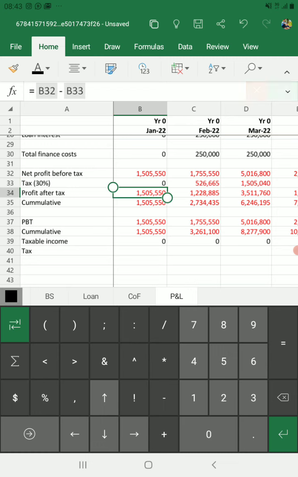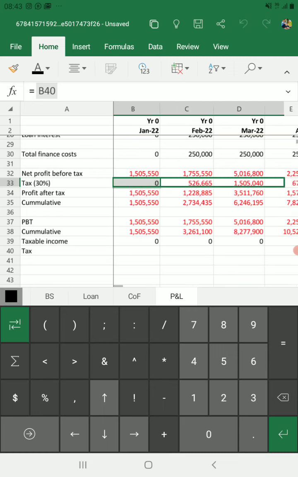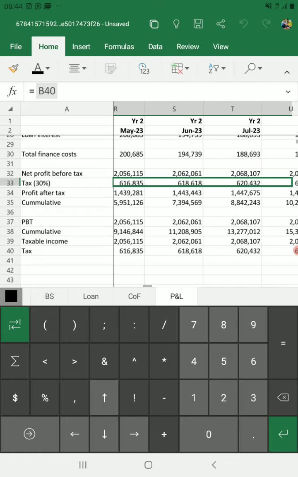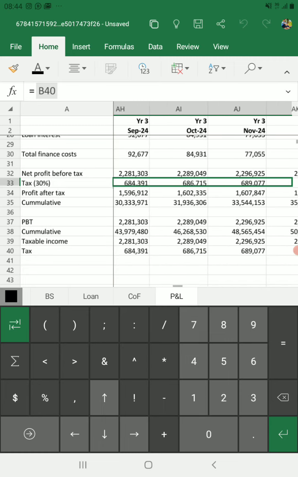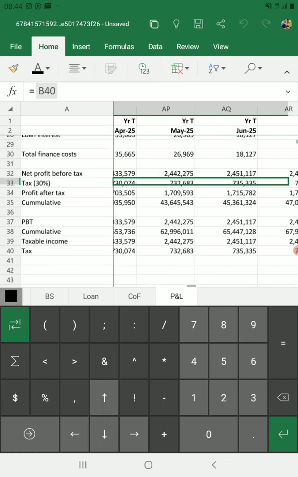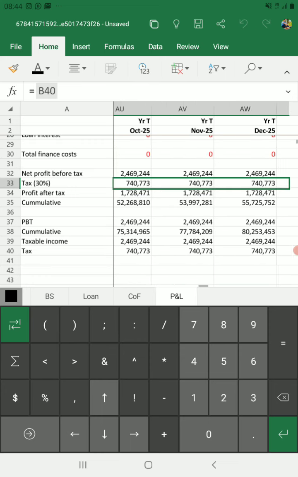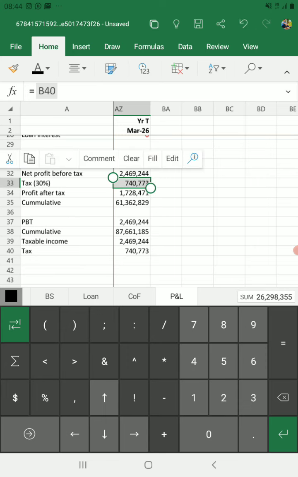Yeah, press enter and then tap to fill this. I'm just going back to my previous approach, that is the correct one, and not this one that charges taxes on losses. Okay, so I've already rectified that.